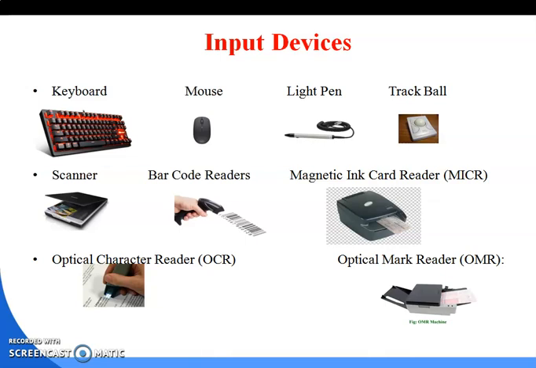So let's focus on how the data is moved towards the computer system. Suppose you press the character A on your keyboard. That means a signal is created from that key and moves through the wire or wireless medium to the computer system, right?